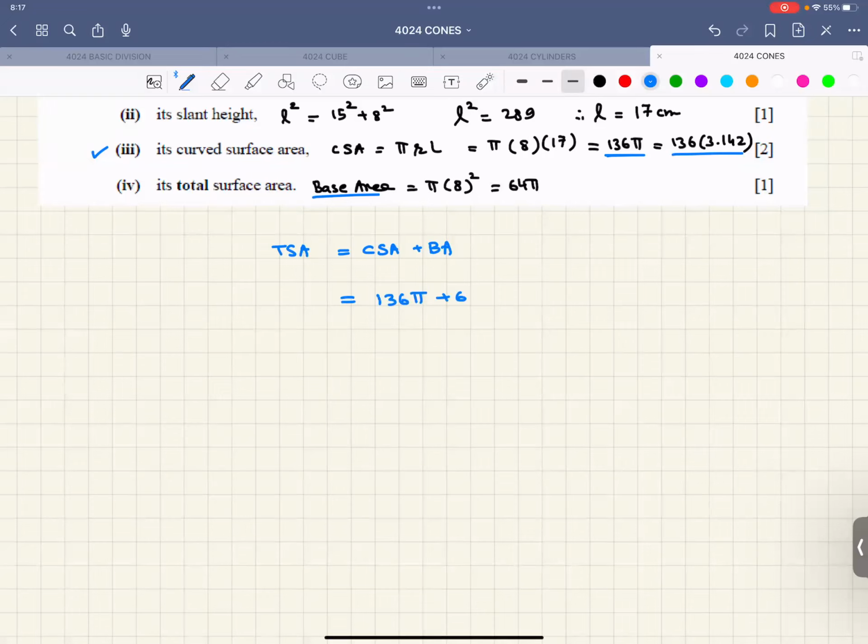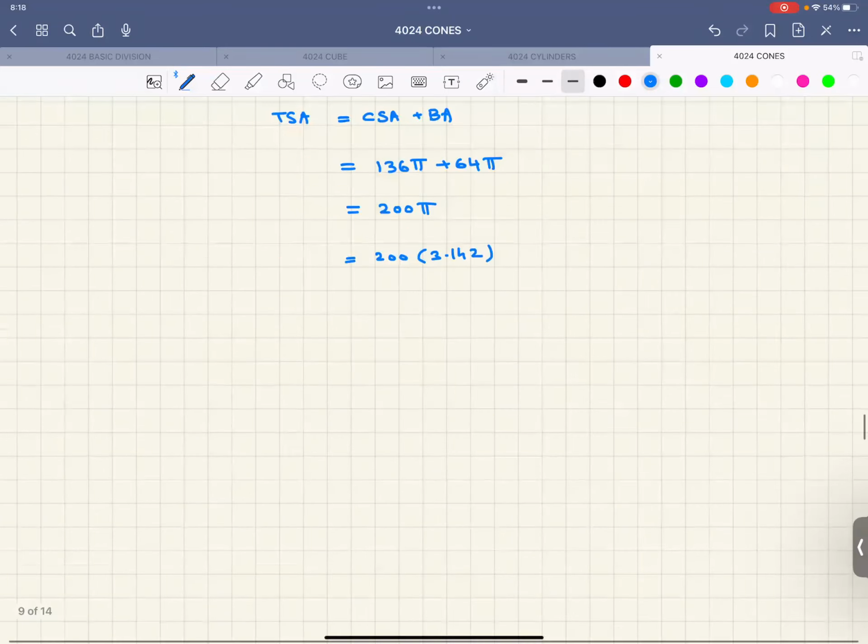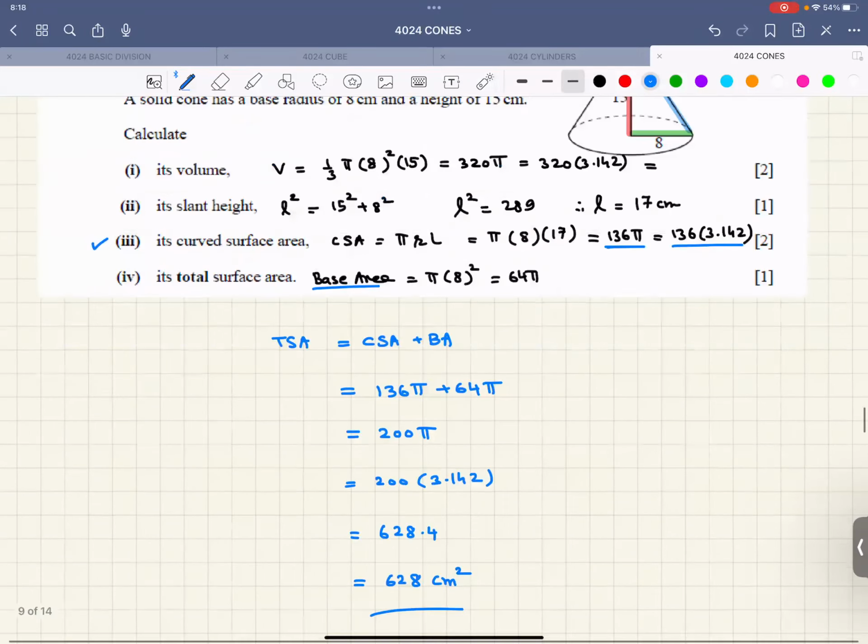Base area is 64 pi. So 136 plus 64, that is 200 pi. That's a beautiful number. That is 200 into 3.142. Multiplying by 3.142, this comes out to be 628.4. Rounded, that is 628 centimeter square. That's how the sum is done.